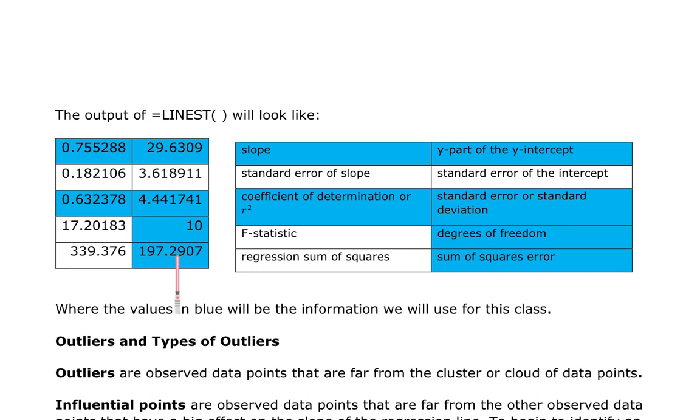If you take this and divide by your degrees of freedom, which is, by the way, the number minus 2, so this number, 197.2907, you divide it by 10 and take the square root of it, you're going to get this number right here. We're going to be using all of these things in blue. They're going to give us more than we need. This is an F statistic, which we're going to talk about in chapter 13. And this is the regression sum of squares, again something we are not going to be using in this class.